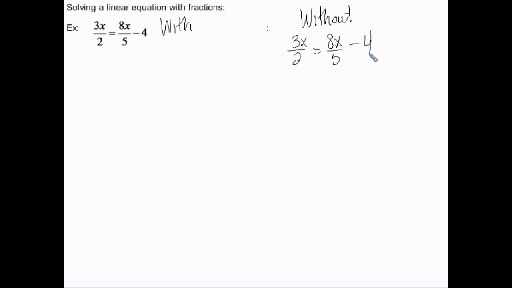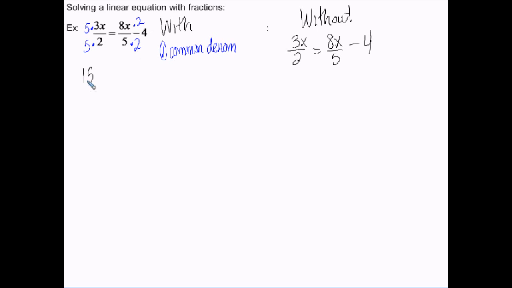With the fractions, we need to combine them into one because they both have x's in there, so we need a common denominator in order to work with them. So the common denominator of 5 and 2 is going to be 10. So I'm going to multiply this by 5 and this by 5, and I'm going to multiply that by 2 and that by 2.